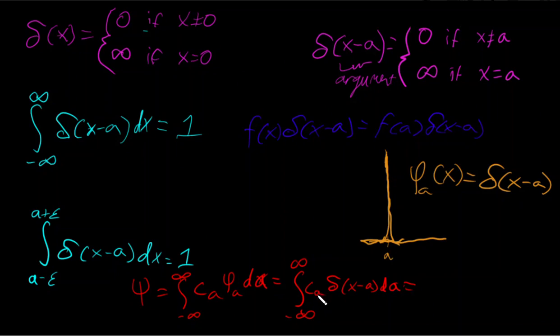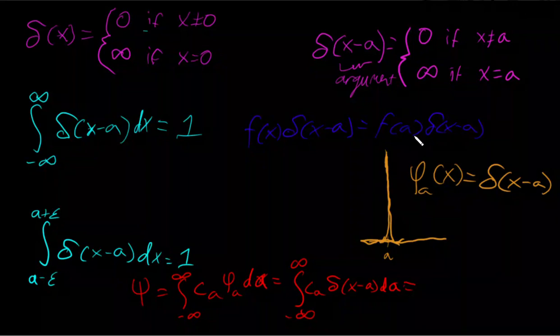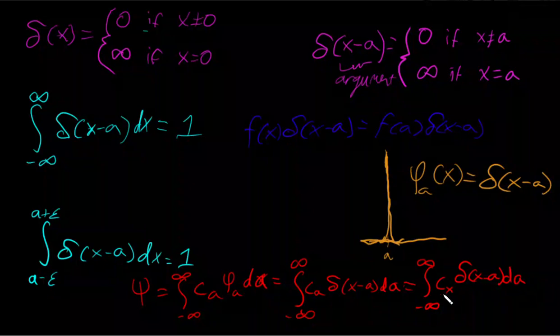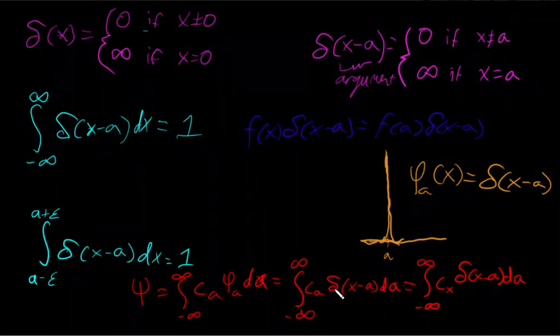But we'll notice we can work the other way around. A function of a times delta of x minus a is just, this would be the same thing, the integral from negative infinity to infinity of c sub x times delta of x minus a dA, right? But now c sub x, just because we can switch it, that's the property of the delta function. Now c sub x is not a function of a, it's only a function of x.